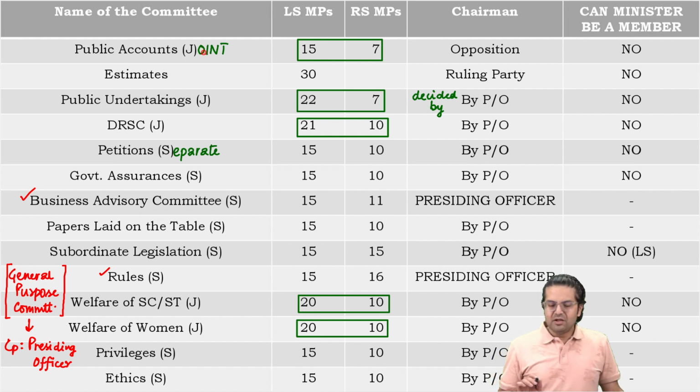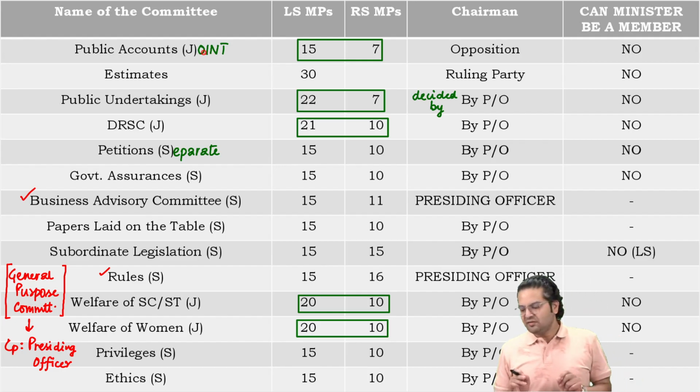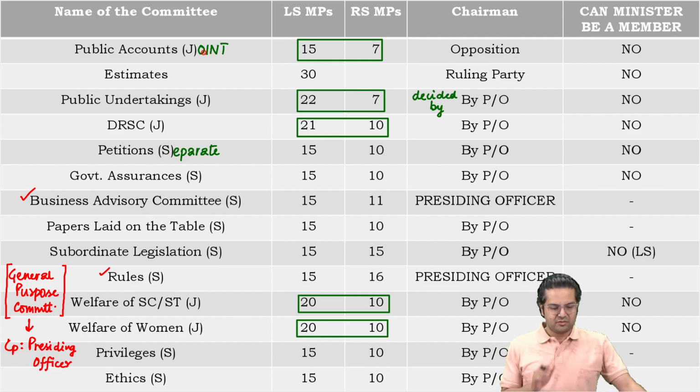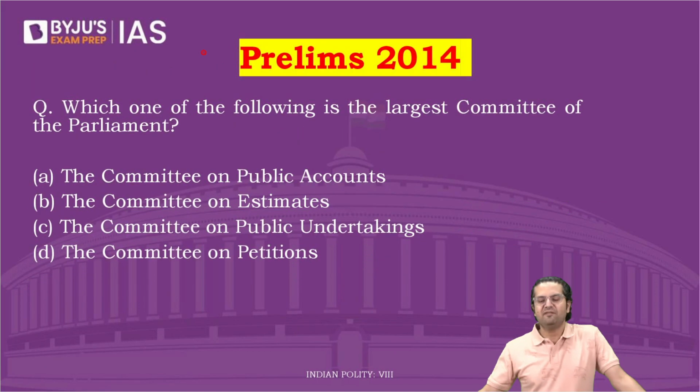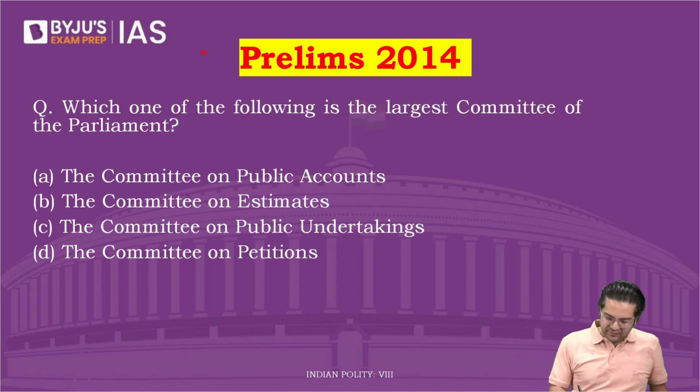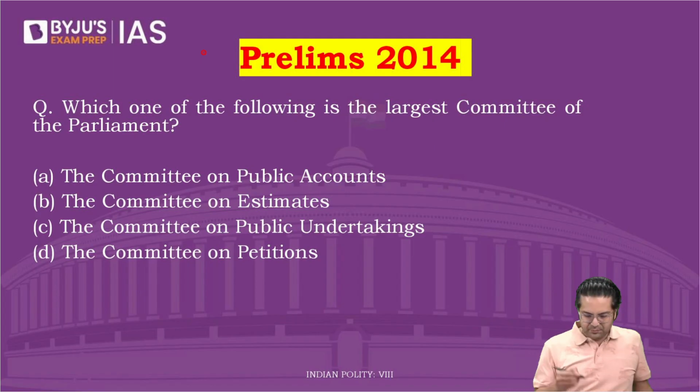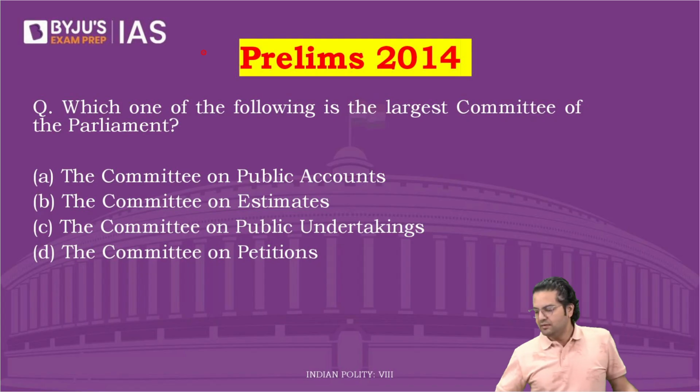Now, whether you want to mug up this chart or not is totally up to you, because on certain occasions, questions have been asked. For example, look at this question, asked in 2014. I'll give you 30 seconds only to mark the answer. So please mark your answer. Let's see what you mark as the answer.